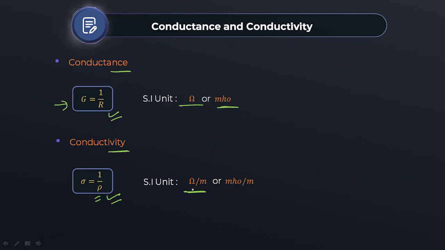Unit will be ohm inverse per meter, or mho per meter. Simple. Two points you have to remember. Sometimes in a question they will give you conductivity, so resistivity will be 1 upon conductivity. We represent conductivity with sigma and conductance with G. So G is nothing but 1 by resistance, and conductivity is nothing but 1 by resistivity. Simple.